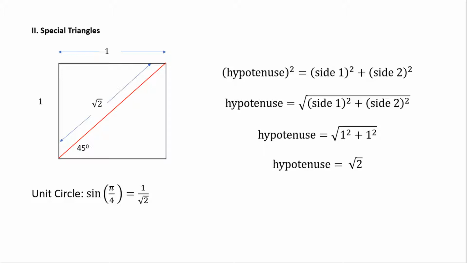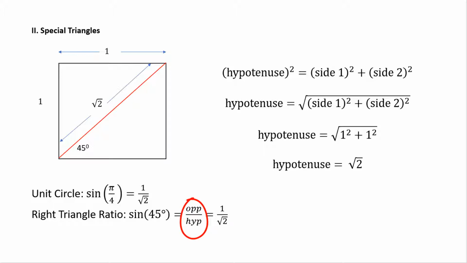And now with the ratio, the sine of theta is defined as opposite over hypotenuse. With this special triangle, the opposite is length 1 over the hypotenuse, which we just computed as the square root of 2. See, we got the same values. We call this the 45-45-90-degree triangle.